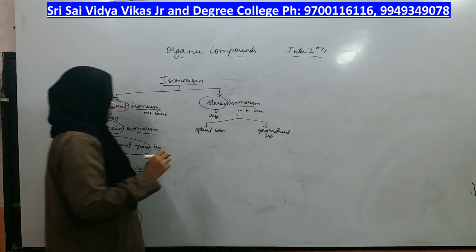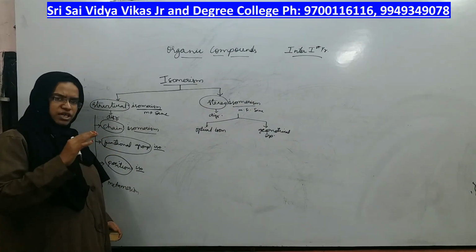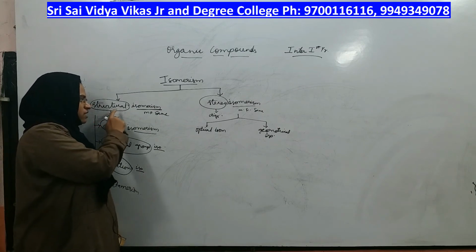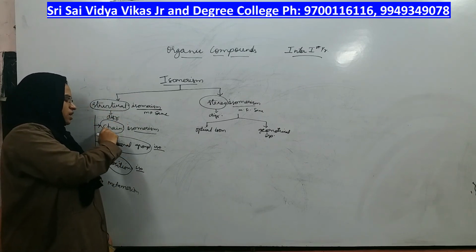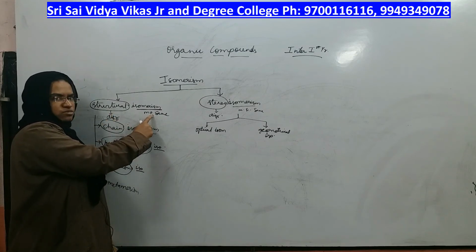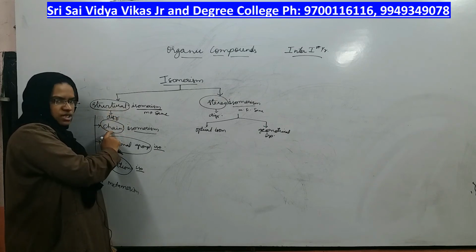Now we will look into each and every type of structural isomerism, and after looking at the definition, we will understand why this is a type of structural isomerism, because in this isomerism also the molecular formula remains the same but the structure is becoming different because of this reason.